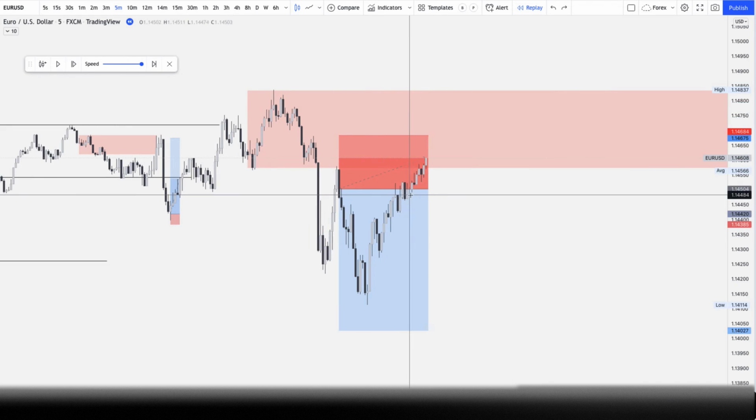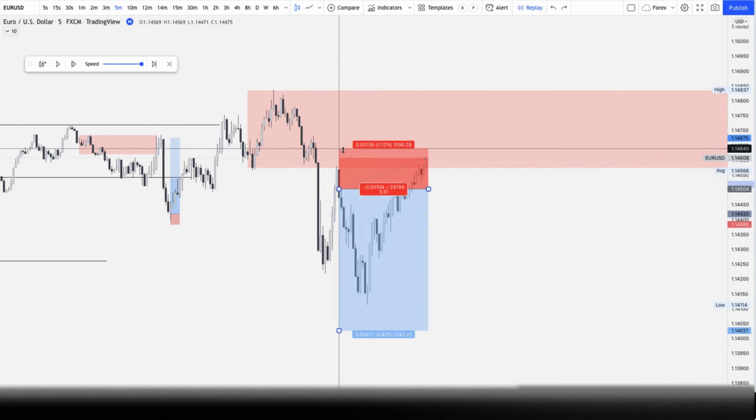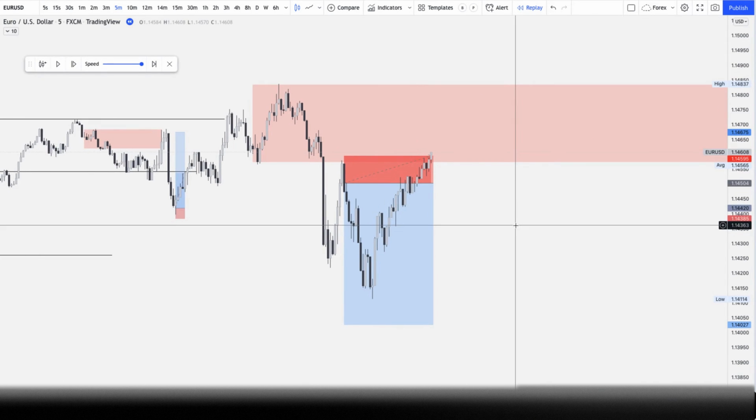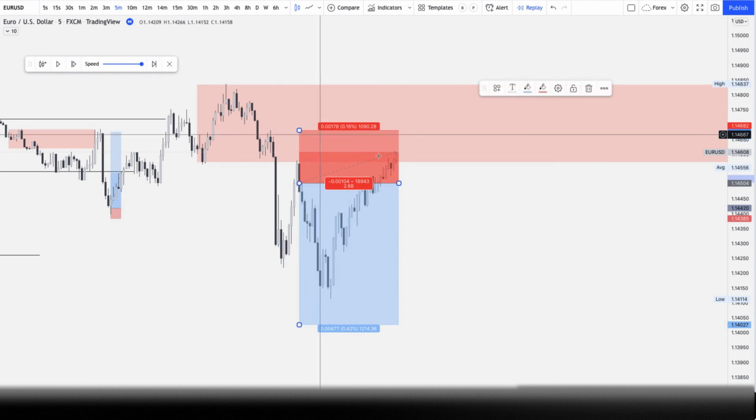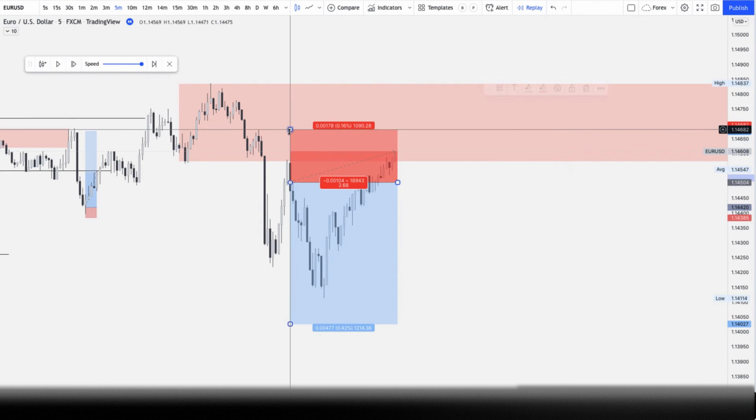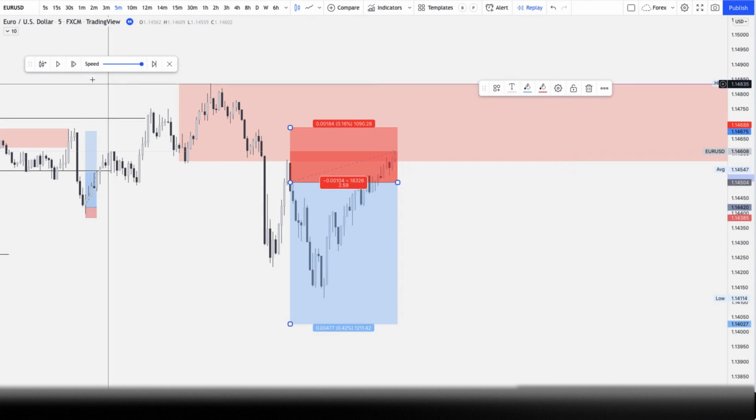So sometimes that is good. I personally will take this loss. I don't mind because I like a tighter stop loss. So for me, I don't care if this loses.